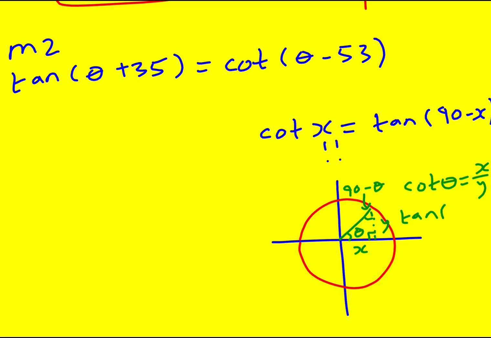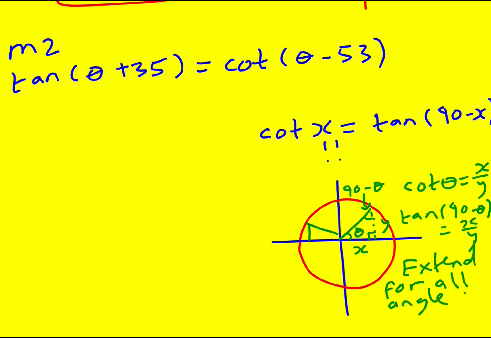And therefore tan of 90 minus theta will be the opposite over the adjacent, which is also x over y. And we can extend this for all angles as you draw different triangles in there. They're obtuse or reflex angles, and it will still essentially apply. And therefore, we have this identity.